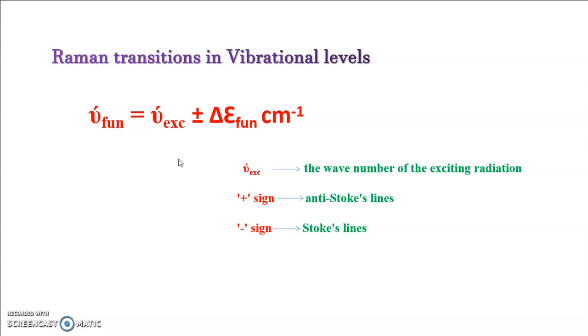It is very difficult to observe the molecule in the first vibrational state, so the transition intensity will be much less than in the case of rotational Raman spectra. That is, for vibrational Raman spectra, anti-Stokes lines appear in very low intensity.